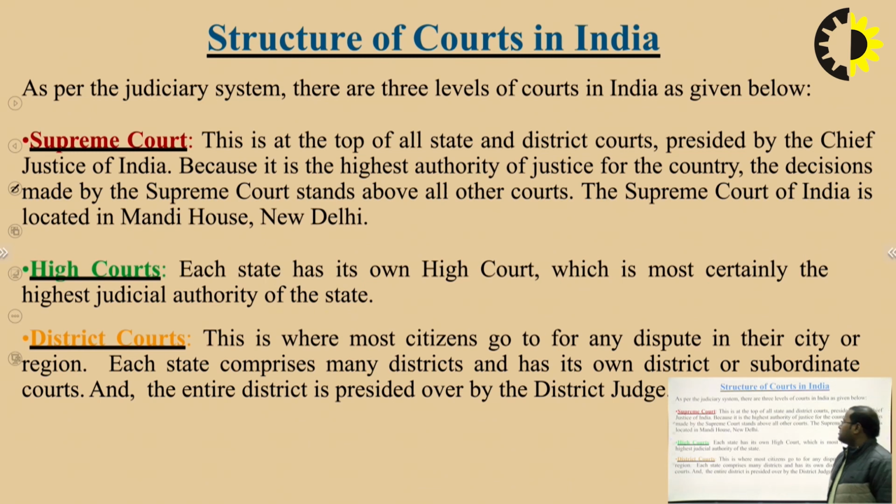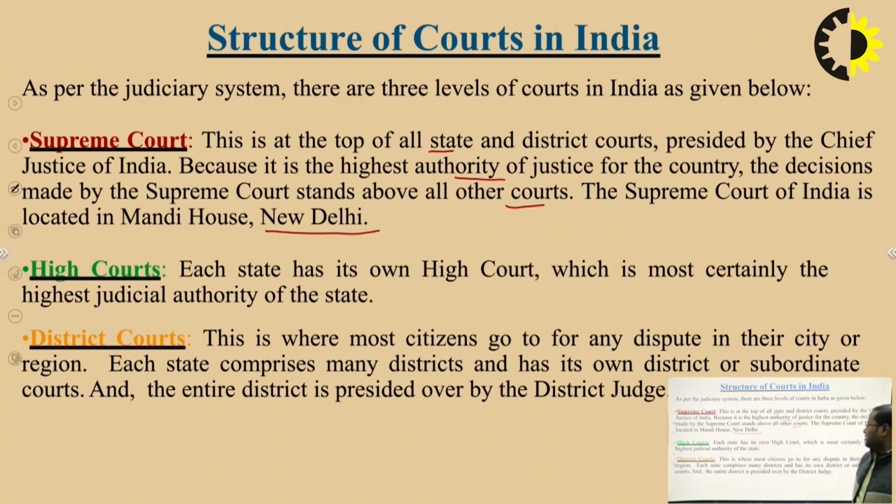Supreme Court: this is at the top of all state and district courts, presided by the Chief Justice of India, because it is the highest authority of justice in the country. The decisions made by the Supreme Court stand above all other courts. The Supreme Court of India is located at Mandi House, New Delhi. That was about the Supreme Court.